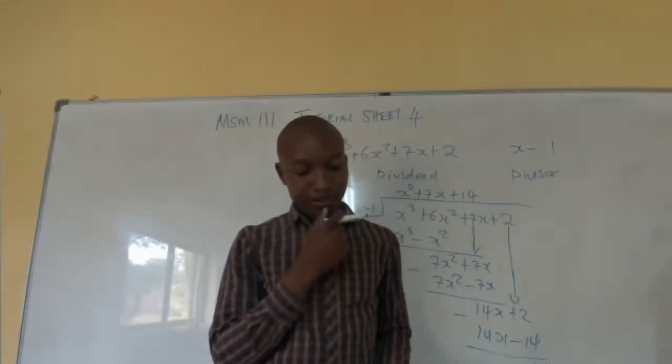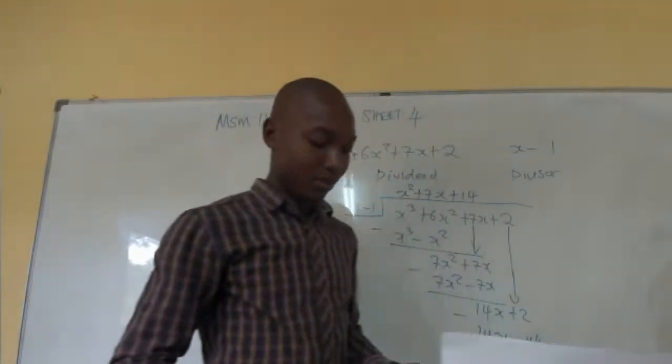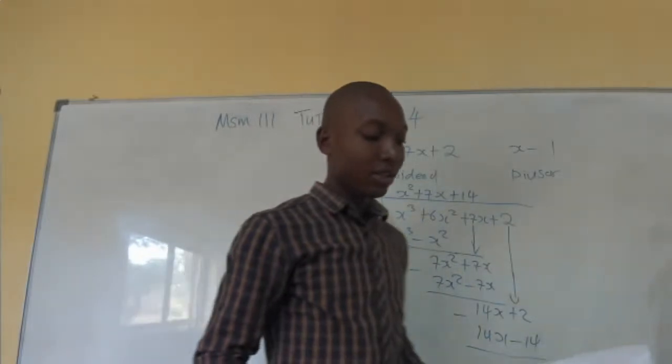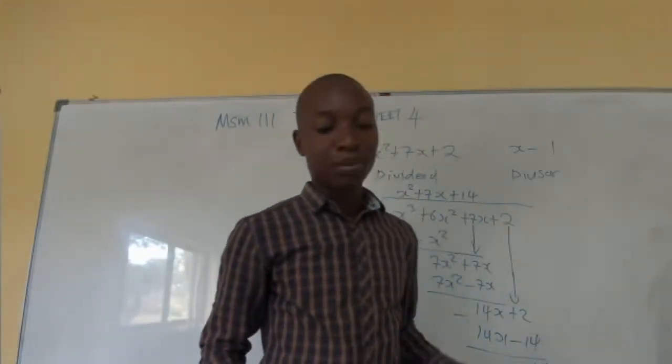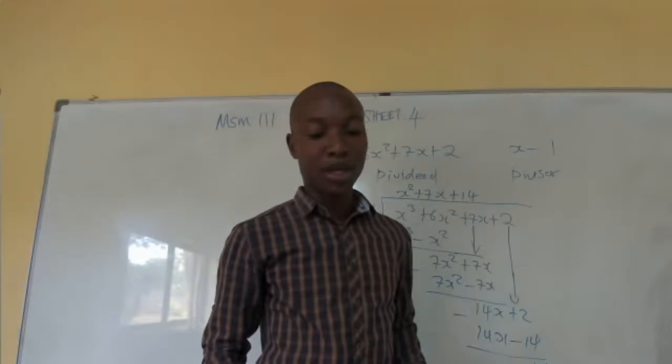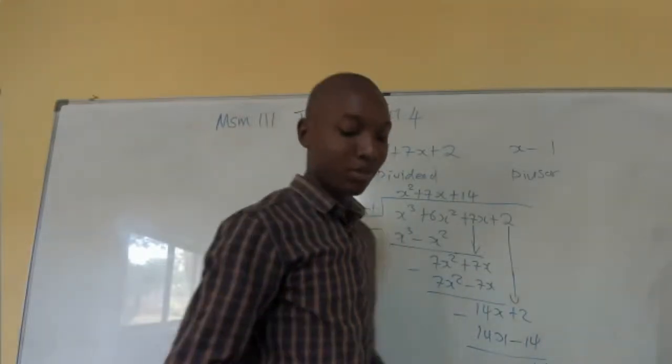Now, we can go up to question 2. Question 2 says, use synthetic division to divide the polynomials and write the function in the form p(x) equals, let me write that.